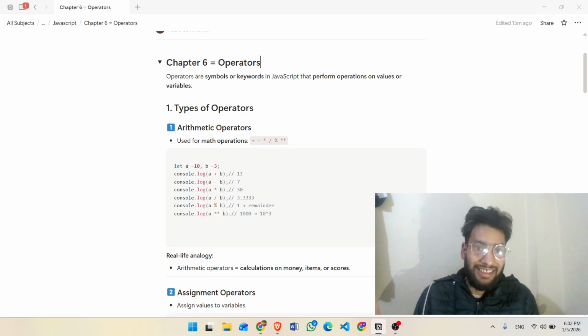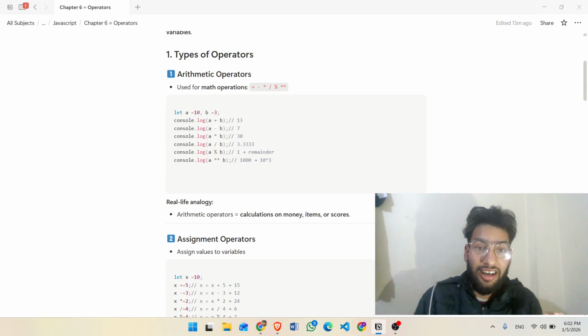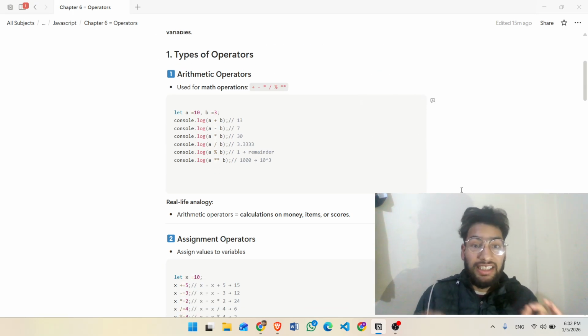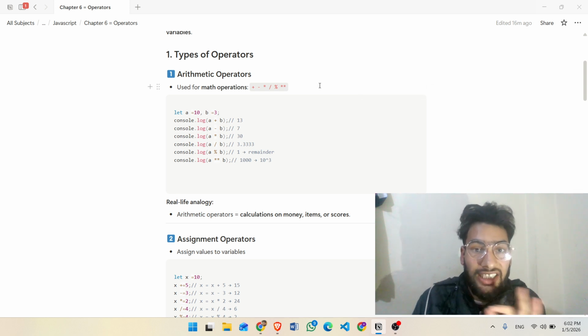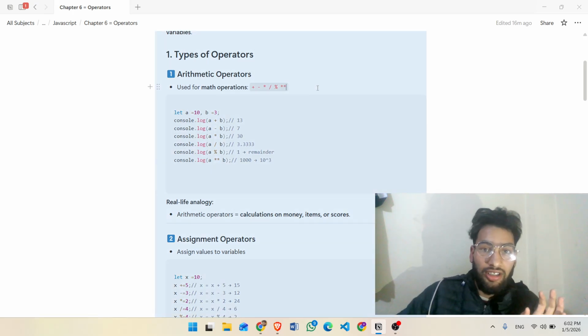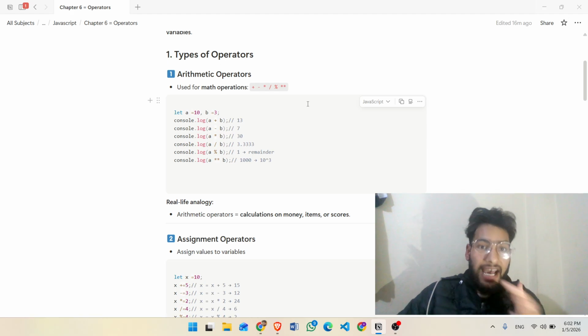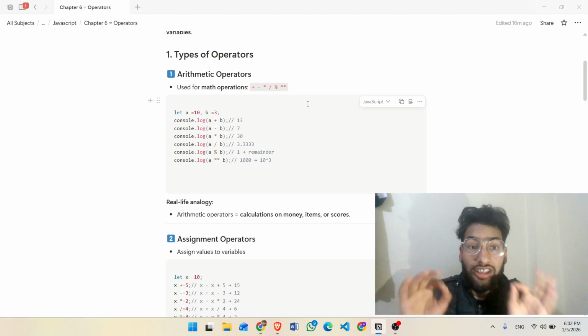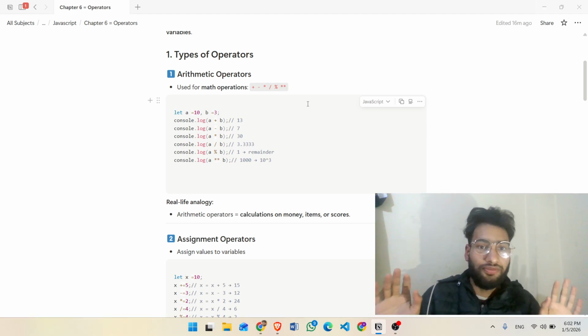First, arithmetic operators. They are used for math operations: plus, minus, multiply, divide, modulus, and power. The double asterisk is called power. So they lie in arithmetic operations.